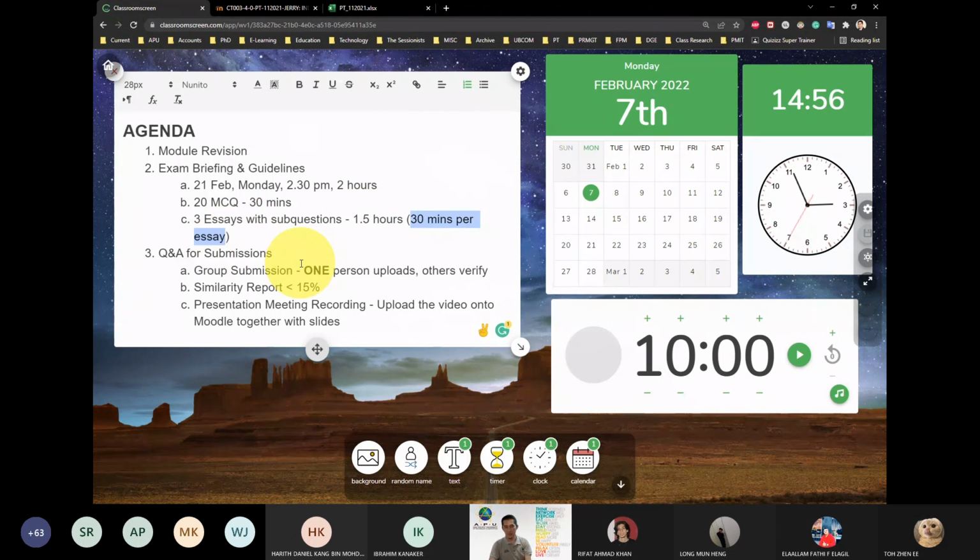It's enough for you to use the first 5, even 10 minutes to just think about your answer without really rushing through what you intend to write. So this is my suggestion. Do take it into account. Time management is very important within your exam, so that you don't panic towards the end.